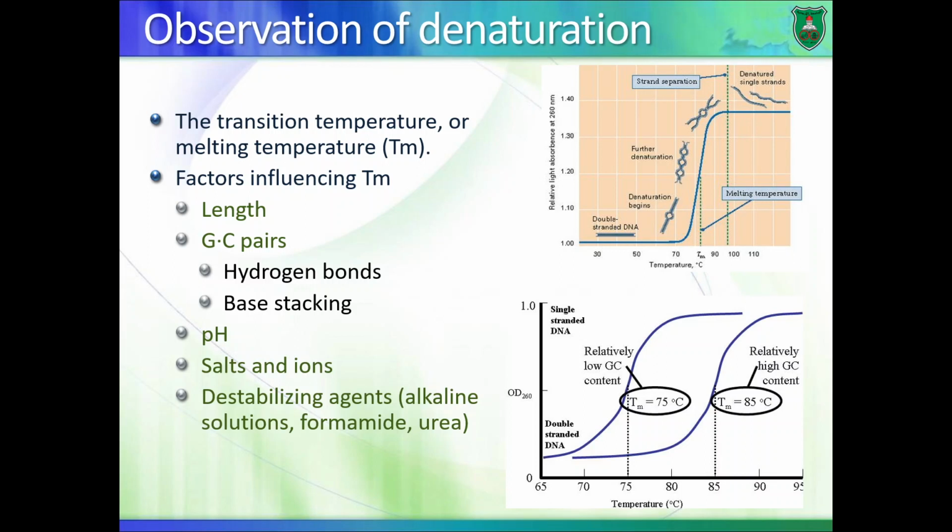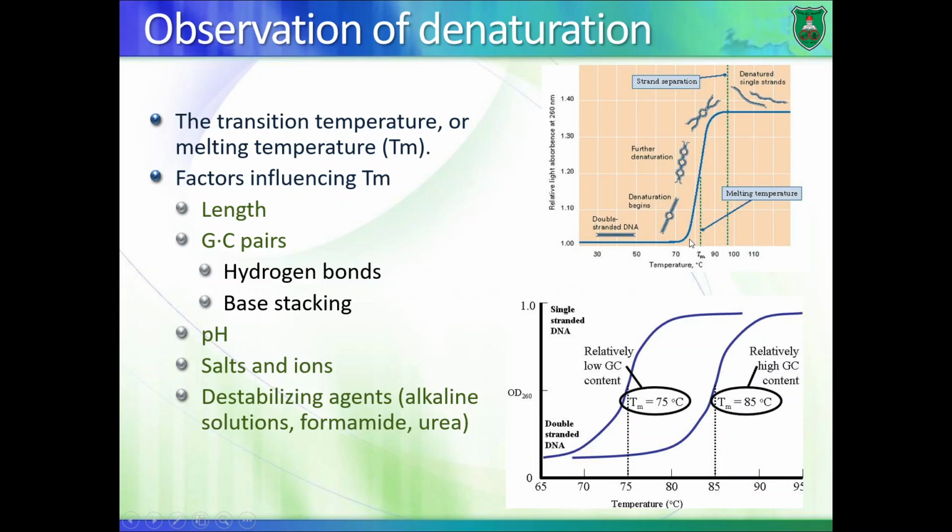So this mark tells us something about how strong the interaction is within this molecule. Okay, so this is the 50% mark, the mark where 50% of the DNA is single-stranded and 50% is double-stranded, is known as the melting temperature.